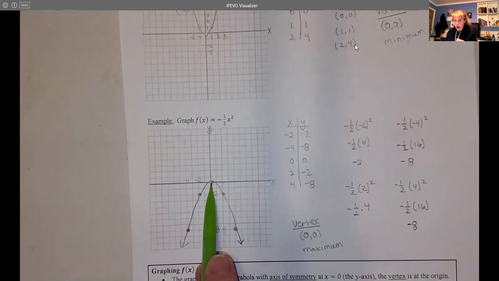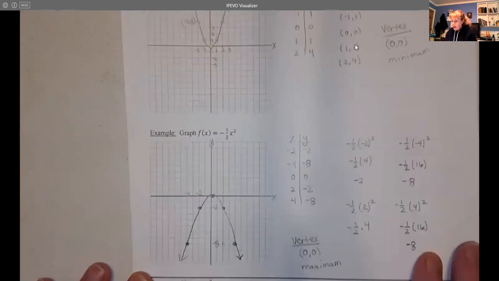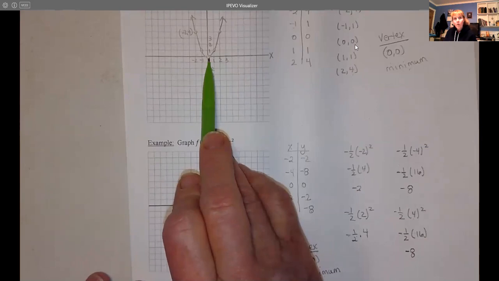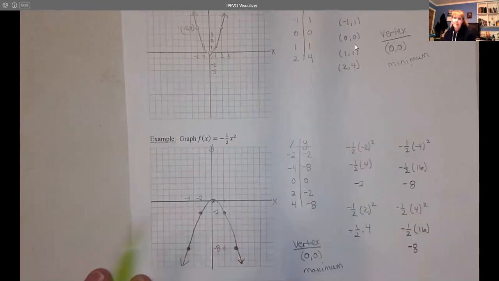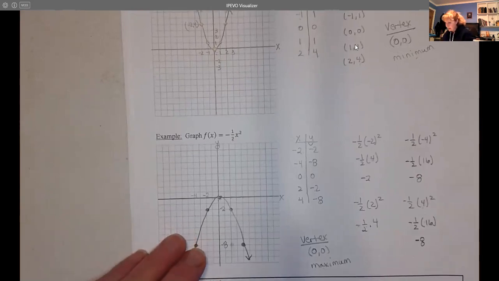Instead of calling it the highest point, we call it a maximum. This vertex right here is the lowest point. Rather than calling it the lowest point, we call it the minimum. All righty? So you've got a maximum and you have a minimum. And the maximum and the minimum are found at the vertex. Okay, always. So that's kind of nice.